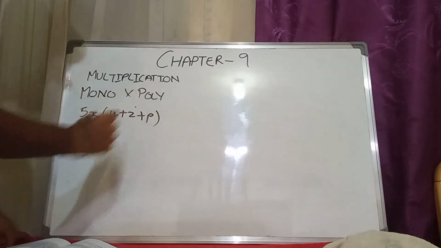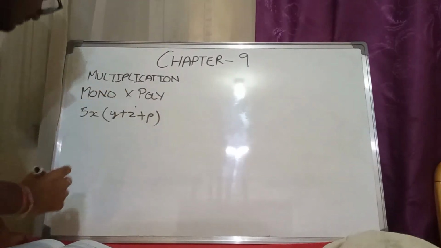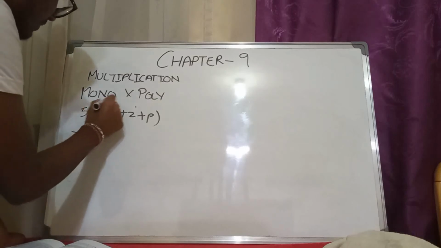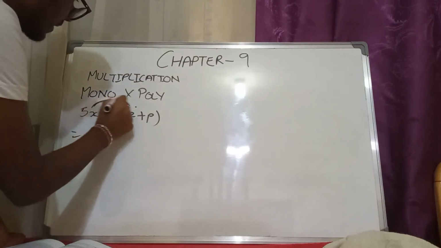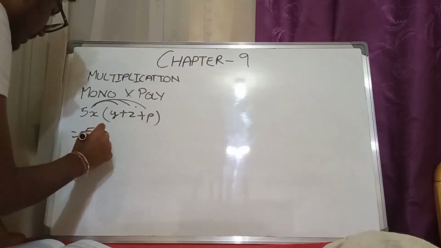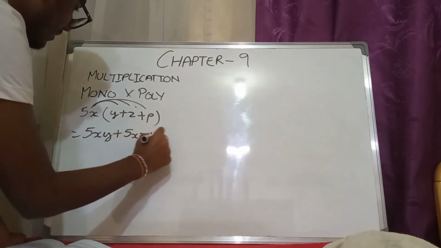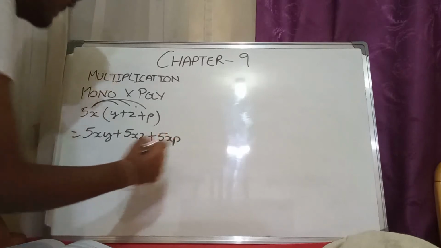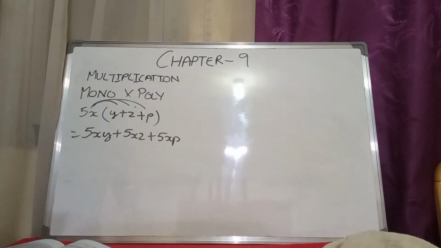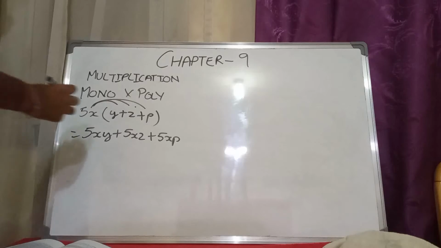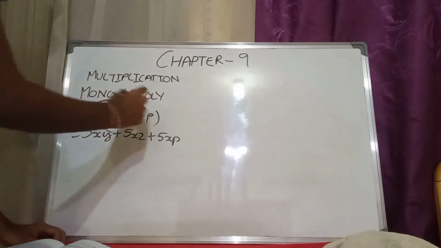This is a trinomial now because it has three terms. So we have to just simply do the same thing. This time multiply with three terms, 5xy plus 5xz plus 5xp. So this is the answer, the expression. This is also the same thing as binomial. We have to just multiply it with another term.